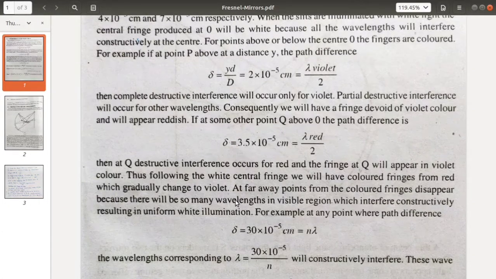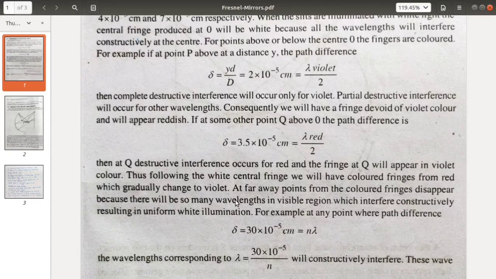Okay, so we can use that, remember that condition, and we can discuss it in terms of constructive interference also. So if the path difference is satisfying the constructive interference of a particular color, then that color only will appear on the screen. So we will get colored fringes on both sides of the central fringe.